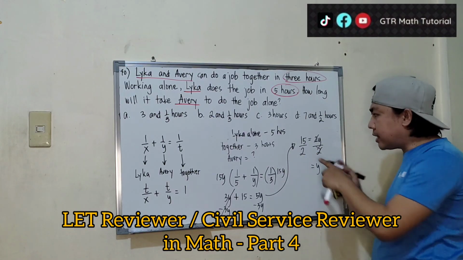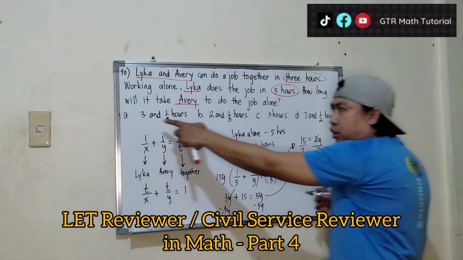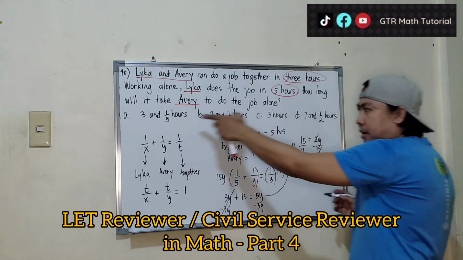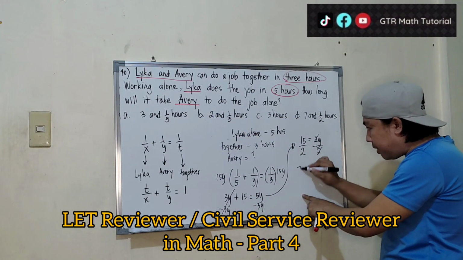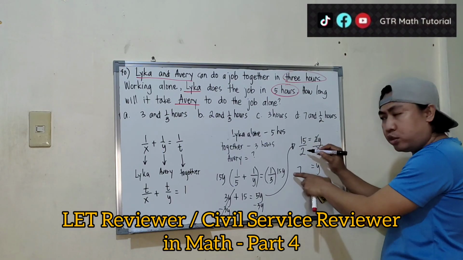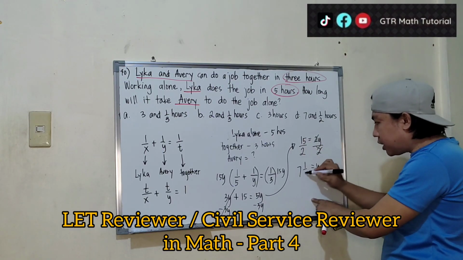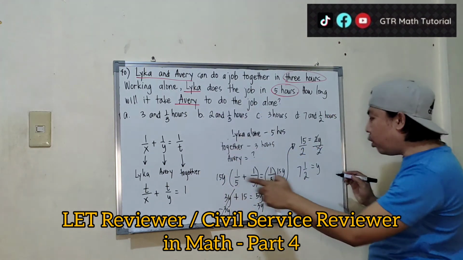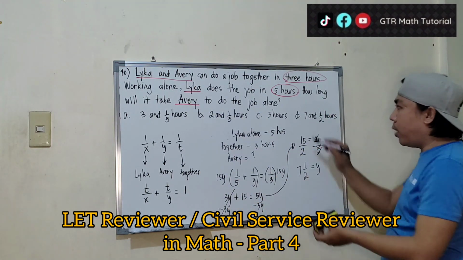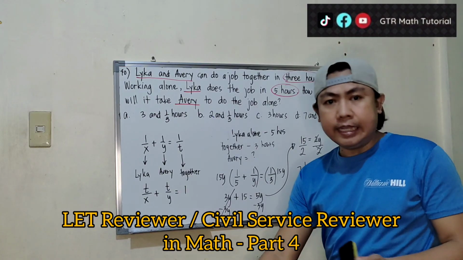Dahil mixed number ang mga choices, 14 divided by 2 is 7, may remainder na 1, so 7 and 1/2. Therefore, ang time ni Avery alone ay 7.5 hours, which is letter D.